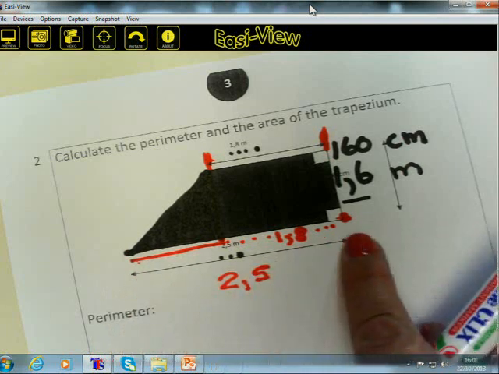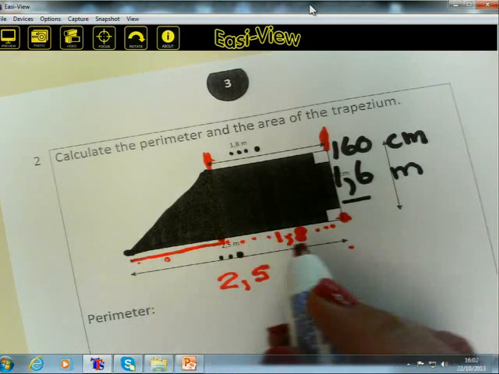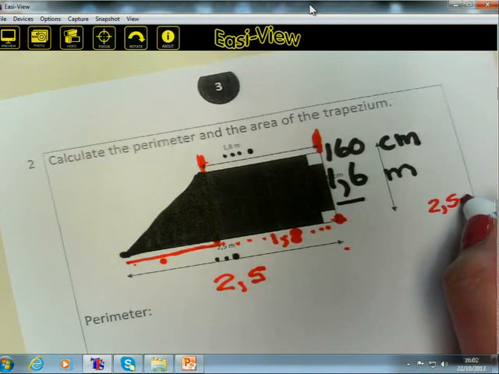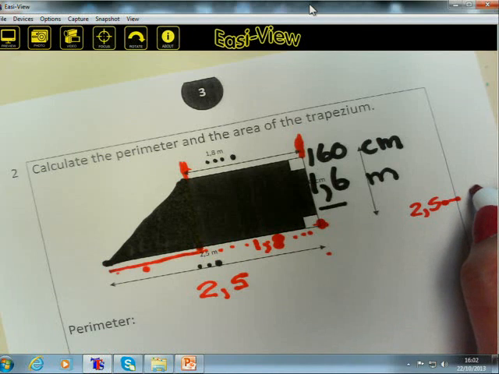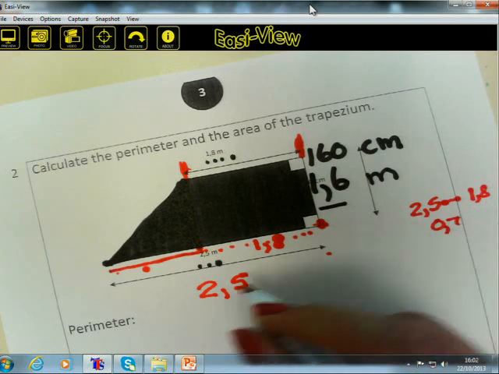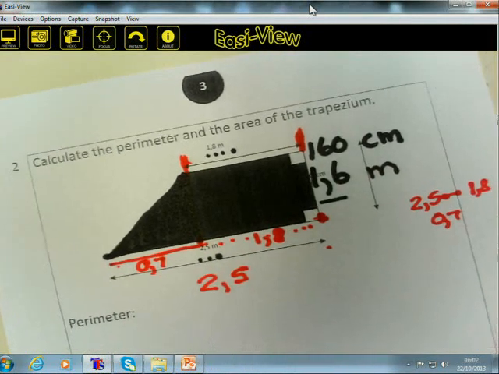It's the long one minus that one will give me this part. And if I subtract 2,5 minus 1,8, I get 0,7. So the length of this part here is 0,7.